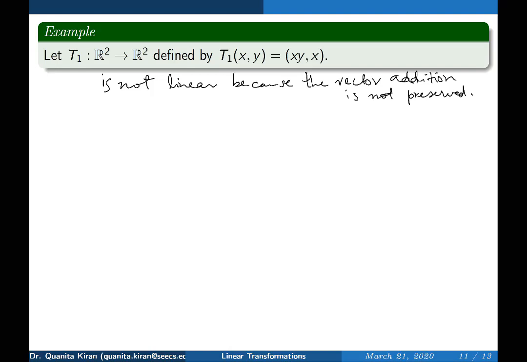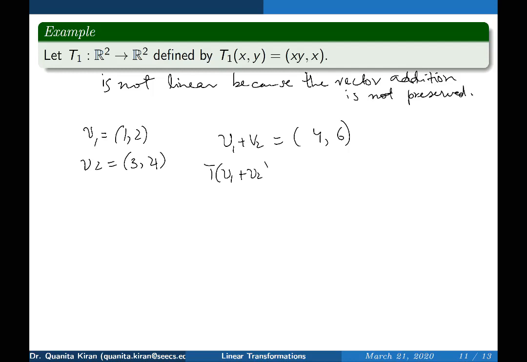For example, let v1 be a vector in 2 dimensions and v2 be another vector in 2 dimensions, and then we take v1 plus v2, which is equal to (4, 6). If we take the image of this sum, then it is (24, 4).